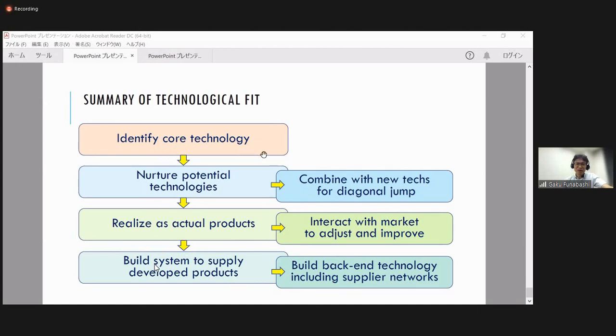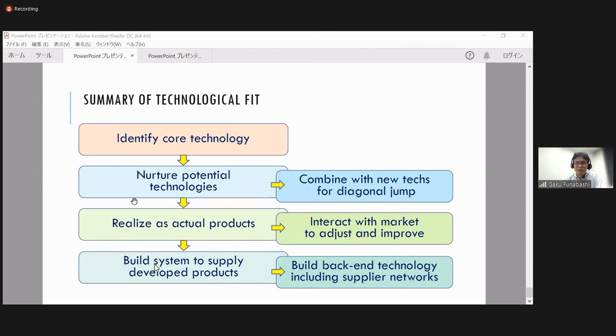If you don't have one, you need to nurture potential core technologies. And how can you nurture potential technologies? Combine new technologies with what you already have, and like Murata Manufacturing, gradually improve and step up the levels. It is called diagonal jump.